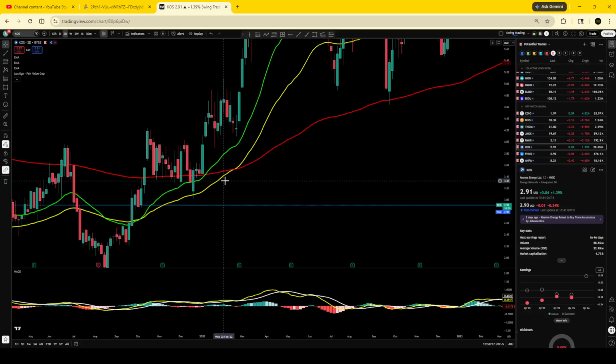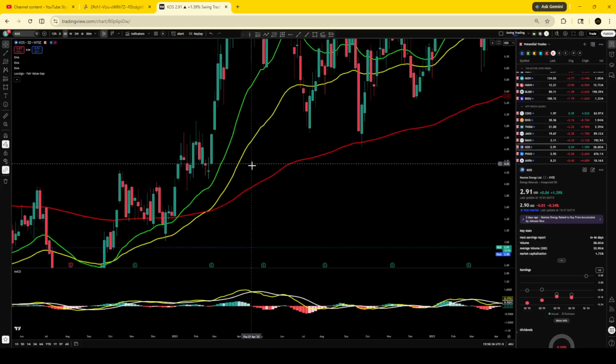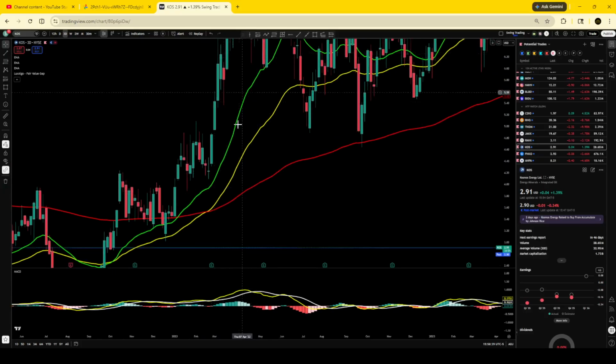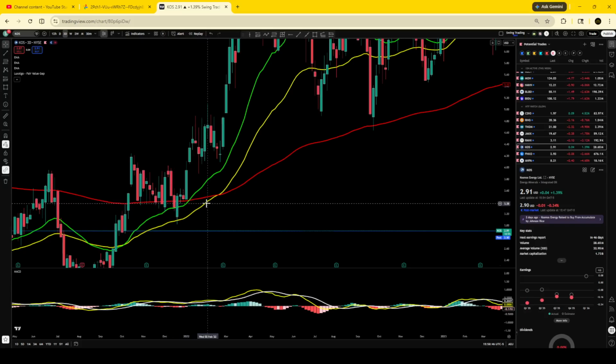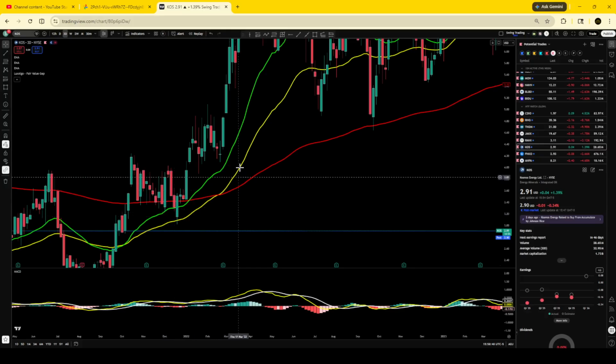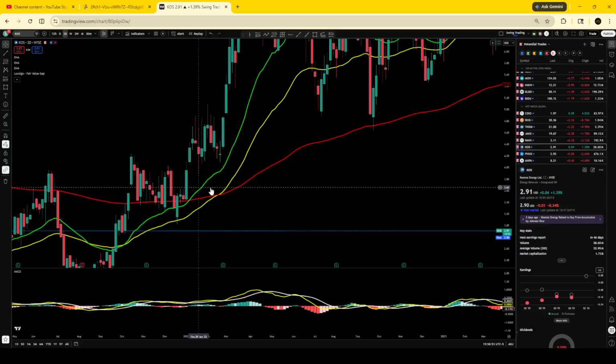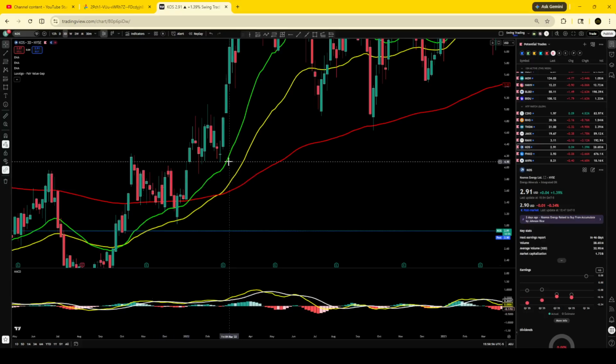And another tip: when they are in order, as in 30, 60, 200, when it's in order like this, it's a strong breakout. Also, when the 30 and the 60 both cross the 200, it's another strong breakout coming, or has happened already.